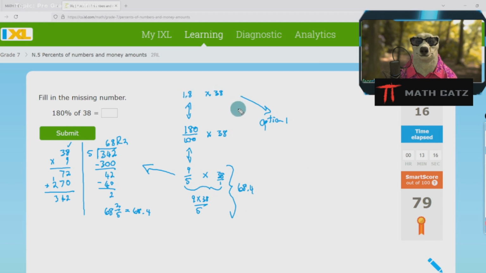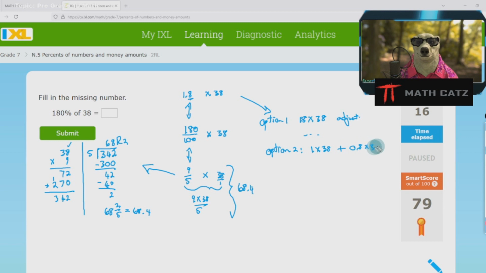So I go decimal. Option 1 is to just blindly do it, and that would of course require 18 times 38 and then adjust my answer with a decimal, this one decimal place. Could do that, but 18 times 38 is arguably not the simplest multiplication ever, right? So I'm going to leave that one to you, because I can make this a little bit more efficient and say 1.8 times 38 means 1 times 38 and another 0.8 times 38.